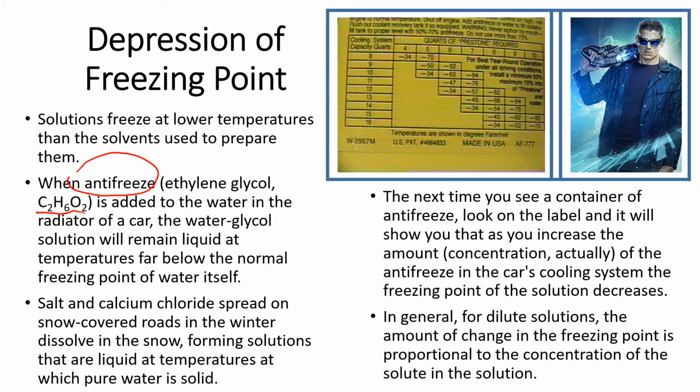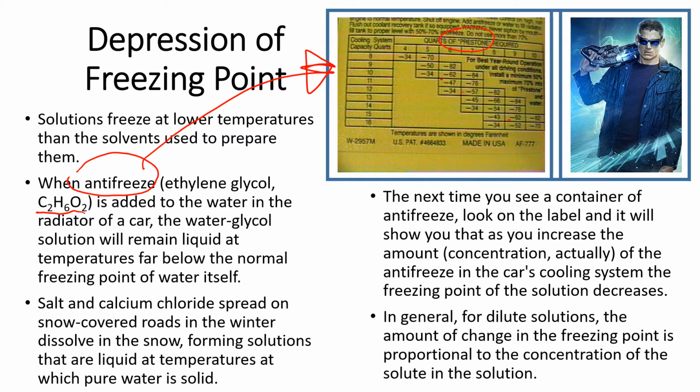So this is what they use in your car to keep it from freezing, if you will, when the temperature drops. So if you add Prestone, the temperature will drop as you're adding more solute to the solvent. So that mixture solution will decrease the freezing point so your car won't freeze over.